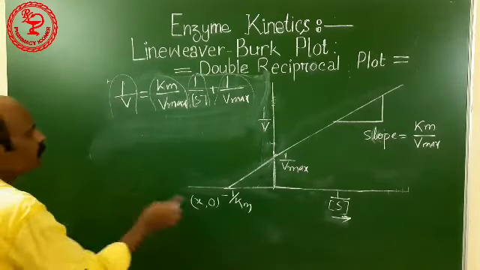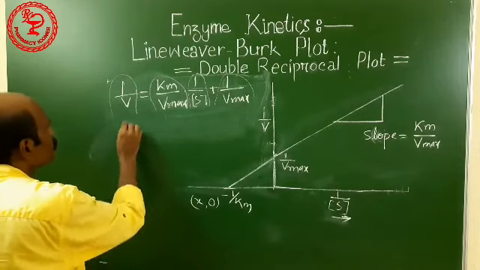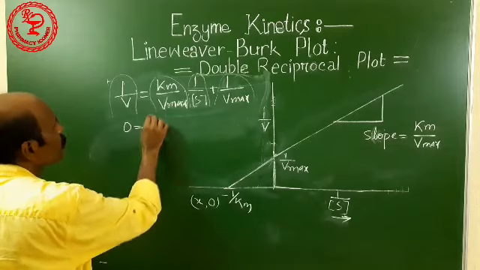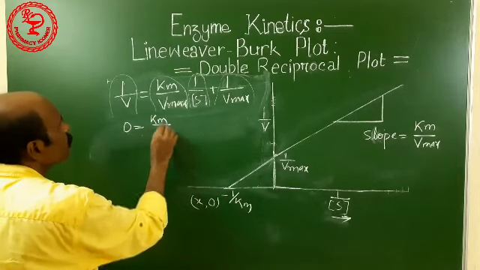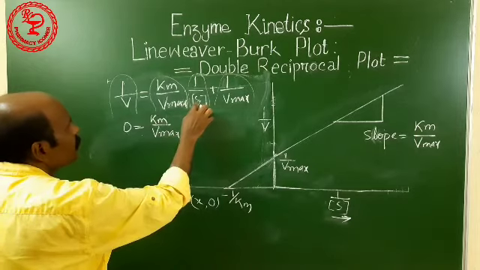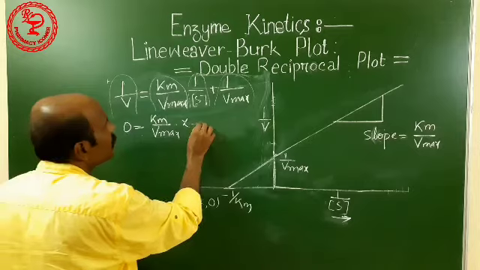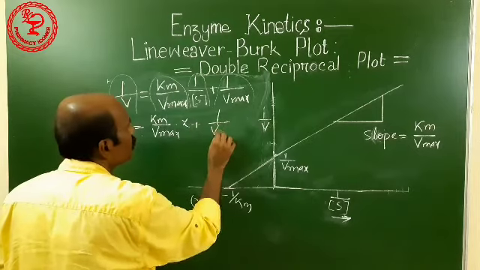Now we put this in the equation: 0 is equal to Km by Vmax into 1 by substrate, which is x, plus 1 by Vmax.